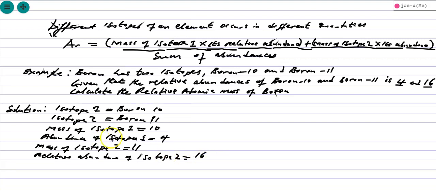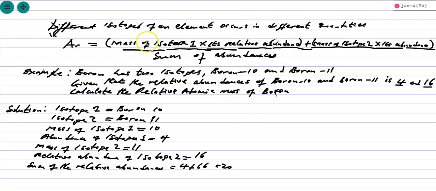So let's go ahead and put this in the equation. Now, what is the sum of the relative abundances? The sum of the relative abundances equals 4 plus 16, and that should give us 20. Okay, so let's go ahead and plug this into our equation.